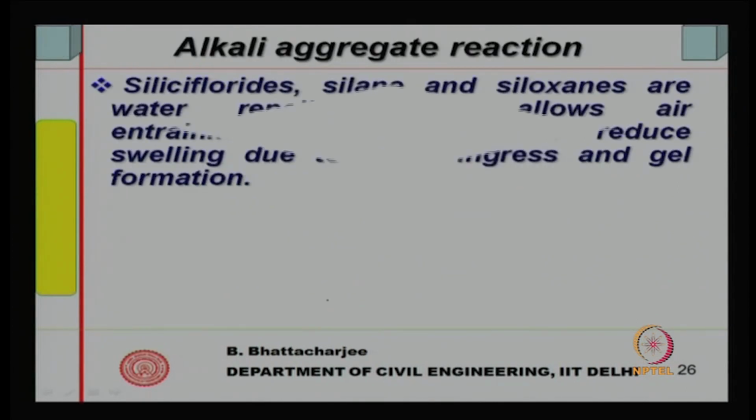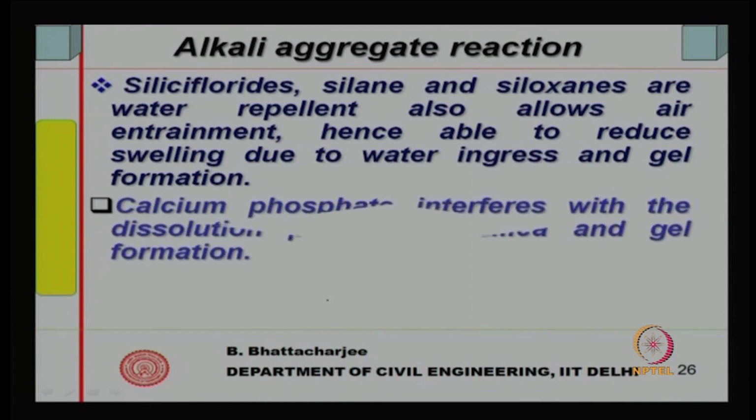So, that is how alkali aggregate reaction can be controlled by use of this kind of inhibiting admixtures, alkali aggregate reaction inhibiting admixtures. Silicofluorides, silanes, siloxanes, water repellent, as I told you, they are also water repellent and they allow air entrainment, hence able to reduce swelling due to water ingress and gel formation.